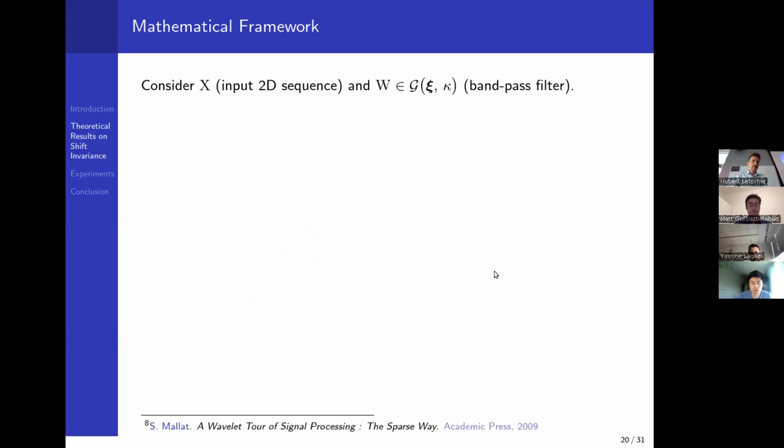So to be more precise, let's consider an input image, which is actually a 2D sequence, because we work with grayscale images here, and a discrete filter that I will call W, a bandpass filter with complex values.